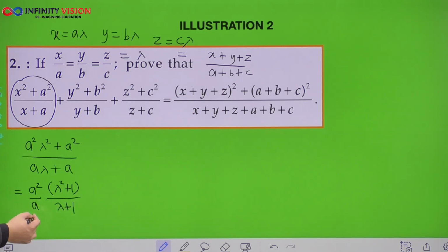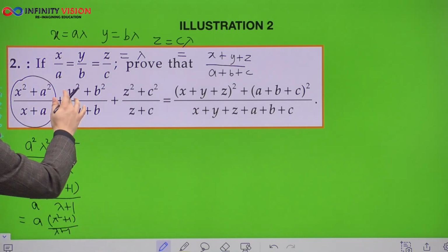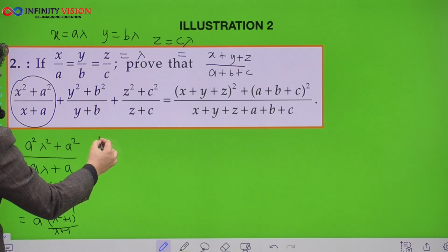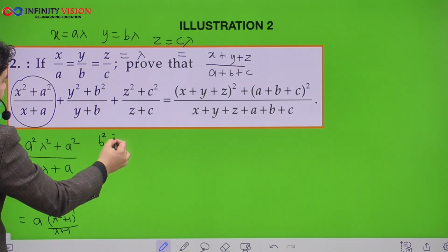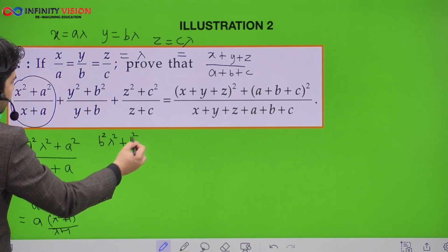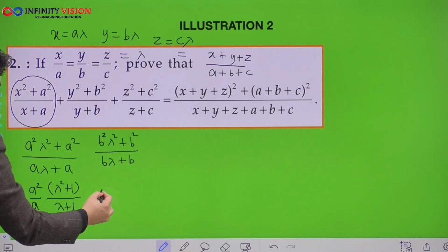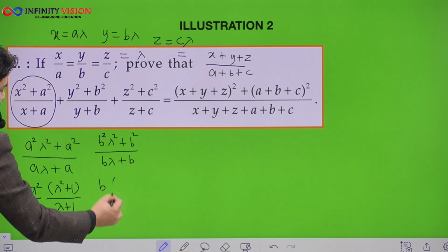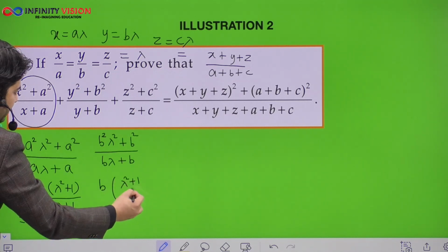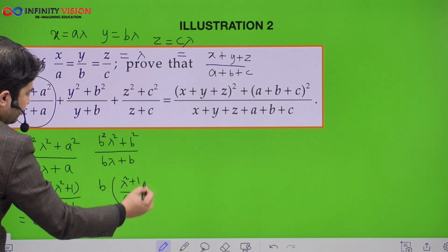So this is nothing but a into (lambda square plus 1) upon (lambda plus 1), right? Same way, if I look here, it would be b square lambda square plus b square upon b lambda plus b, which will be written as b into (lambda square plus 1) upon (lambda plus 1).